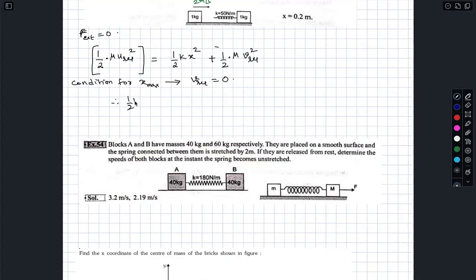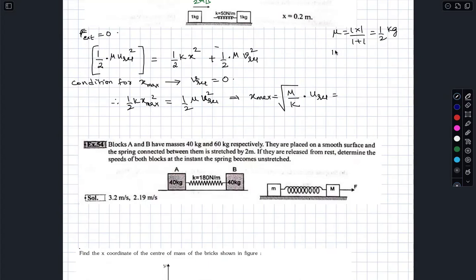Therefore, half k x maximum square is half mu v relative square, which means x max is under root mu by k times u relative. What is the reduced mass here? 1 into 1 by 1 plus 1, half kg.